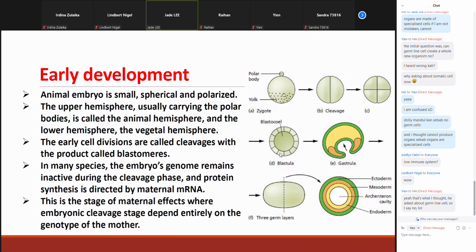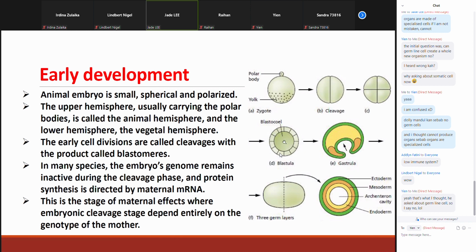They go through cleavage, from one cell into two cells, and from two cells to four cells. Some organisms go through symmetrical cleavage, and some animals go through asymmetrical cleavage. It depends. The early cell divisions are called cleavage, with the production of blastomeres, blastula or blastocoel.